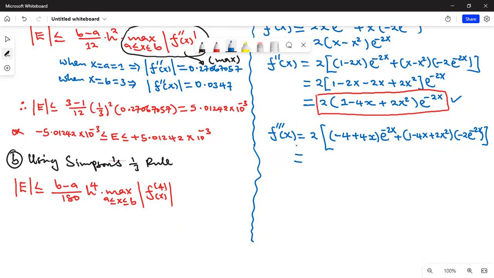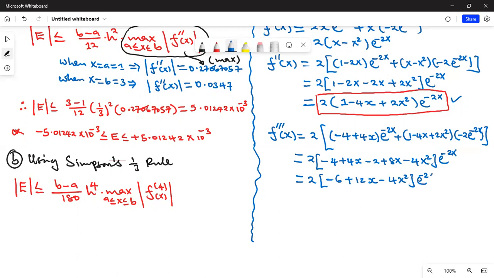If I simplify this, I'm going to get 2 into negative 4 plus 4x minus 2 plus 8x minus 4x squared, exponential negative 2x, which will give me 2 into negative 6 plus 12x minus 4x squared, exponential negative 2x.